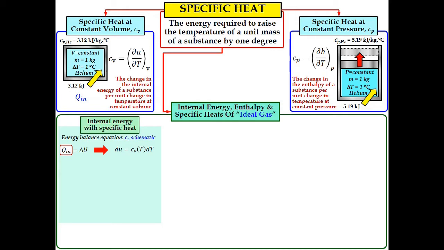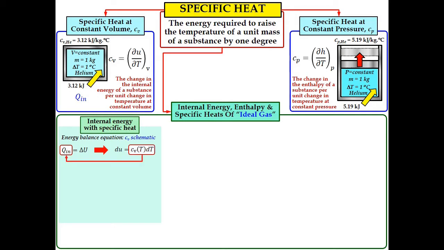That's why instead of Q in, we have dU equal to Cv(T) dT, where Cv(T) dT refers to the amount of energy during the process where we want to increase the temperature of the substance inside the rigid tank by 1 degree.